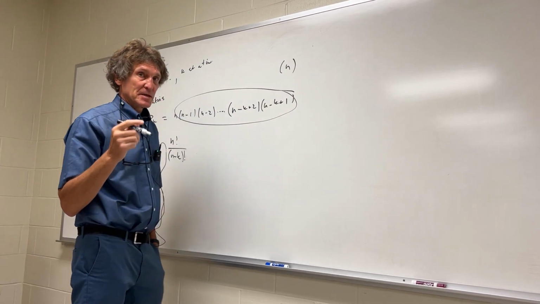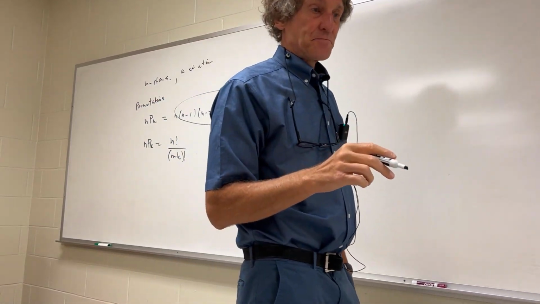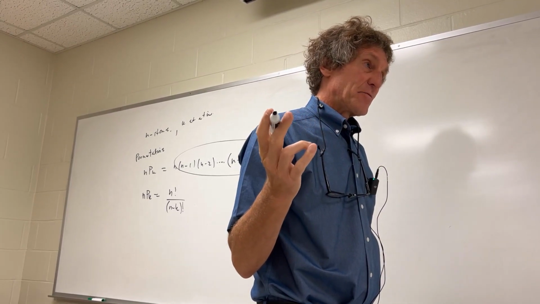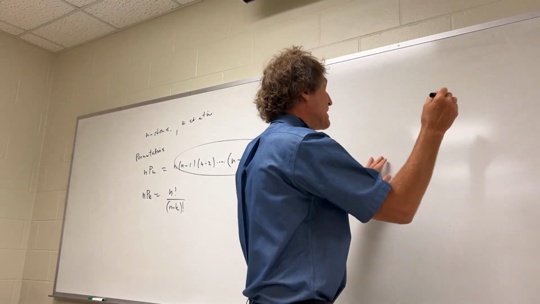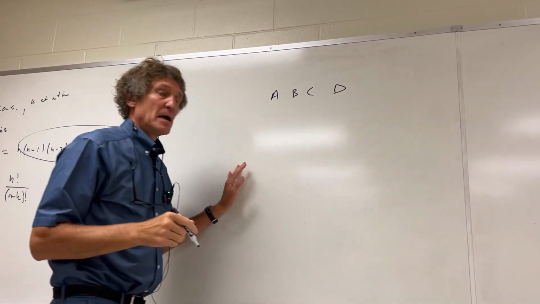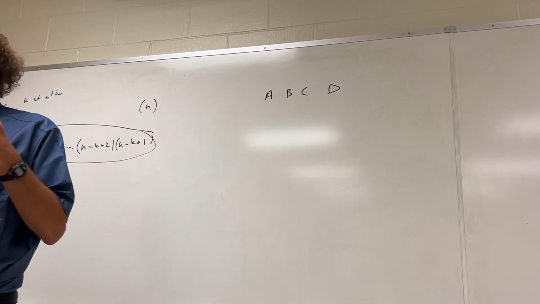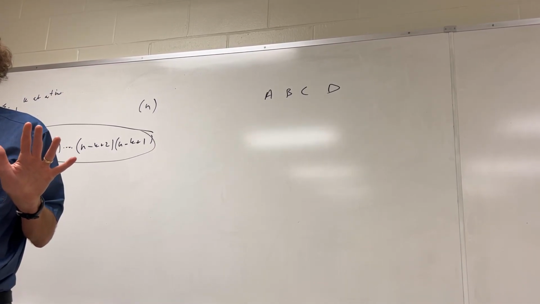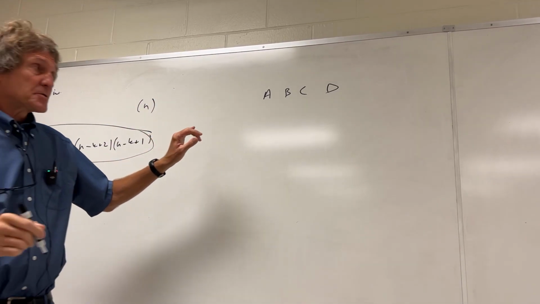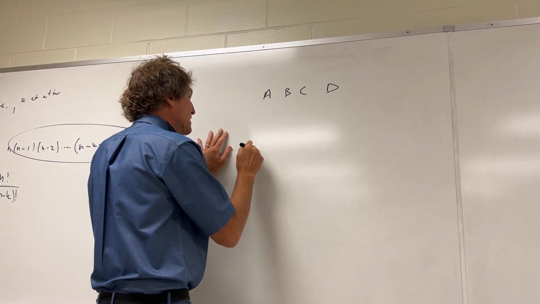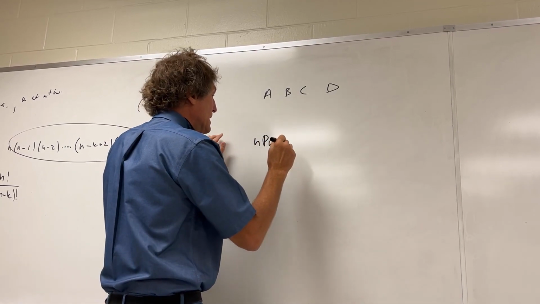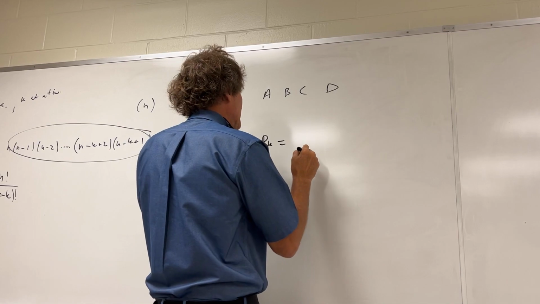So, an example of this. Suppose I have the letters A, B, C, and D, and I want to see how many different permutations of those I can construct just taking 3 at a time. Do you all follow me? Not 4, 3. So the number of permutations is n factorial over n minus k factorial.